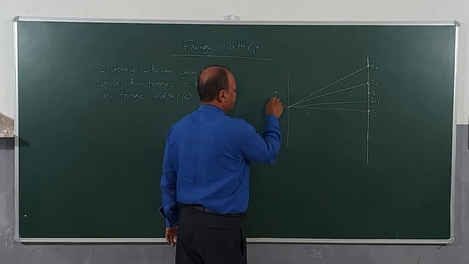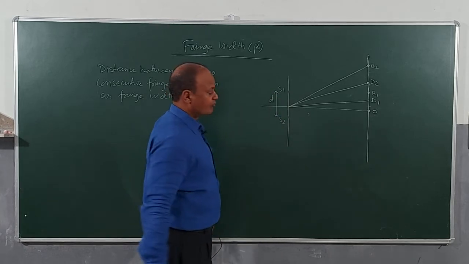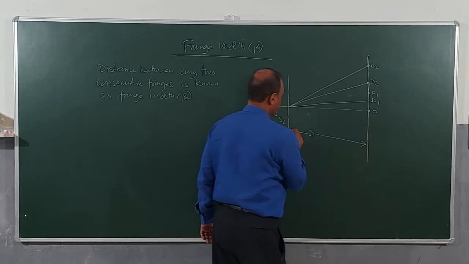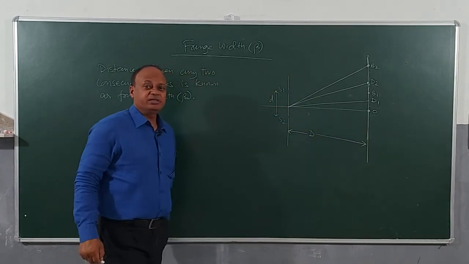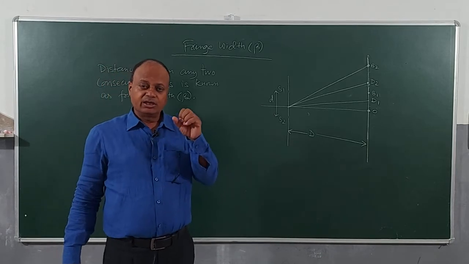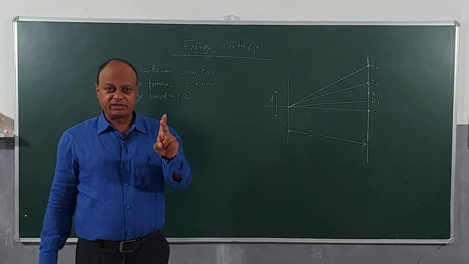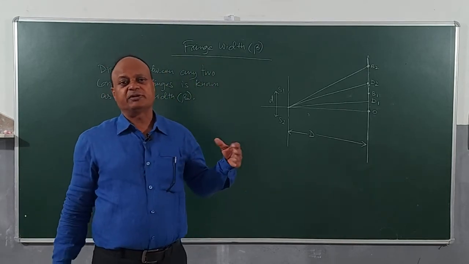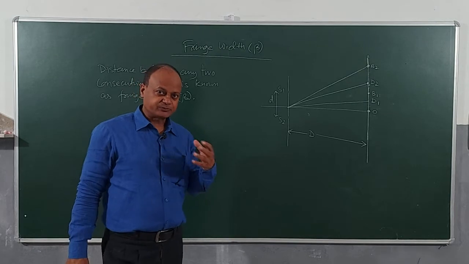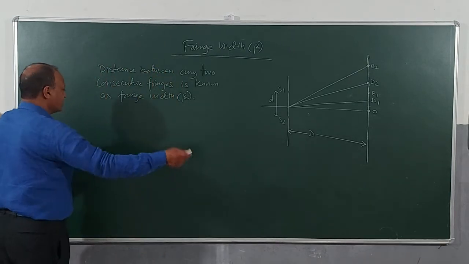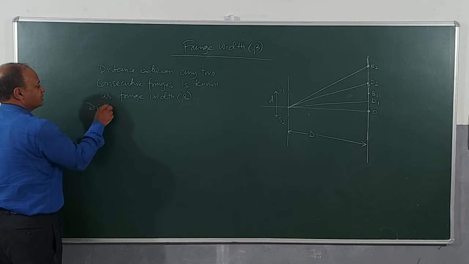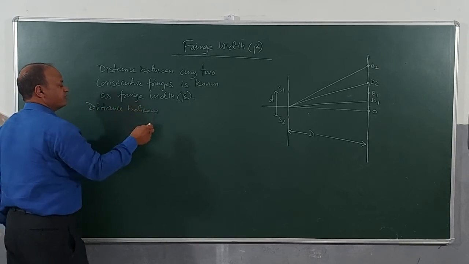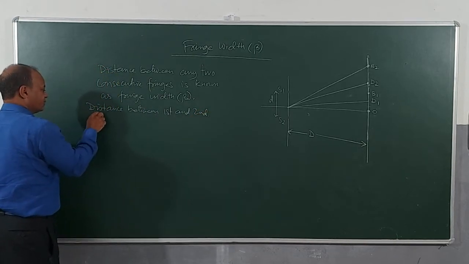Distance between the two slits is small d, and distance between the slits and the screen is capital D. Clear? So, we will be demonstrating the fringe width for bright fringes and also fringe width for dark fringes, and we will again show that fringe width for dark and bright is what? Same. Clear? Let us see here. I will see distance between first and second maxima.